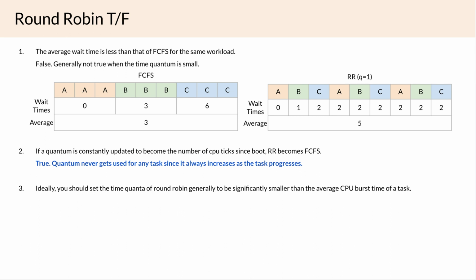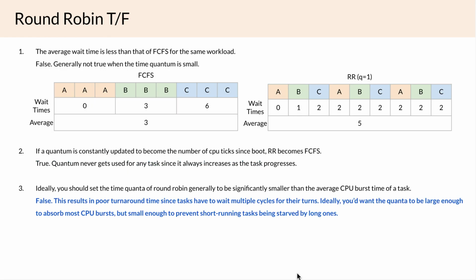And so the reason that this is false is because if we set the time quantum to be much smaller than the average time that a thread takes to run on the CPU, we're going to keep interrupting our threads, and they're not going to finish for many turns. So if we instead make our quantum closer to the average CPU burst time, we can get each task that has a reasonable running time to run within one turn.